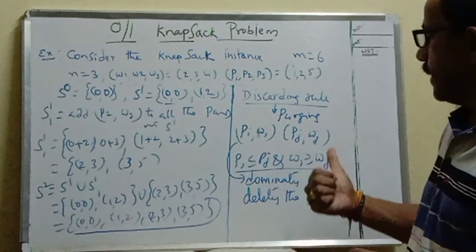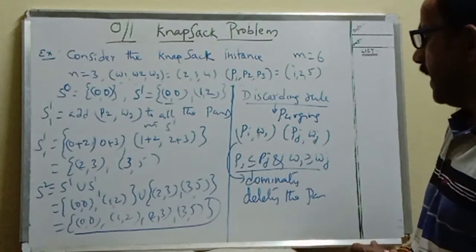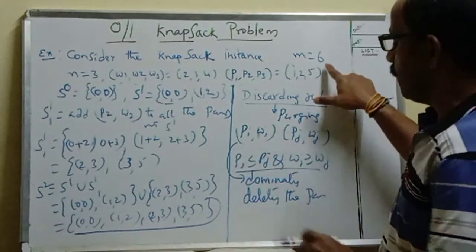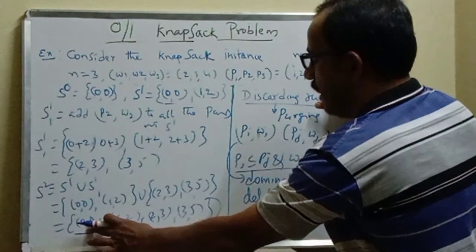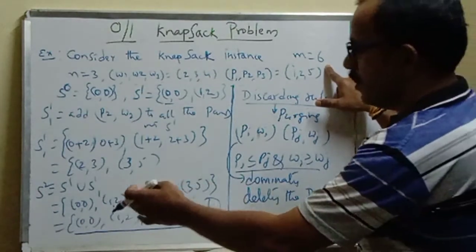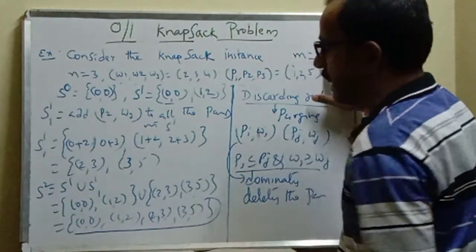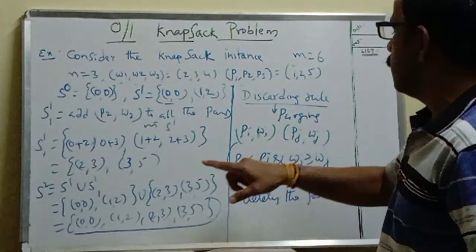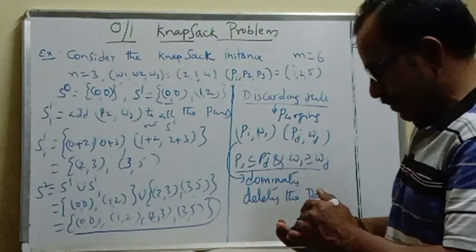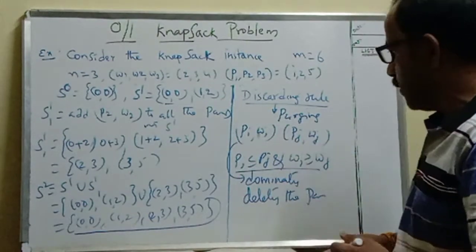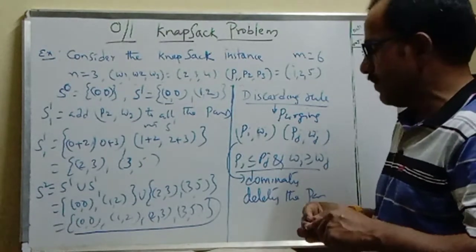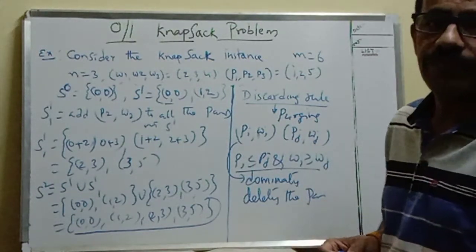According to the direct approach, if any pair's second item is crossing 6, those pairs are not valid, because the weight of a pair should not cross 6. Such pairs are directly removed, and according to the discarding rule we also remove some pairs. From the remaining pairs we can construct the solution.